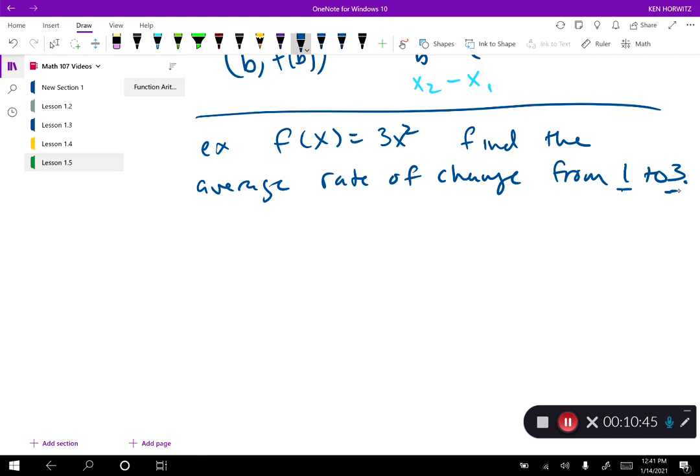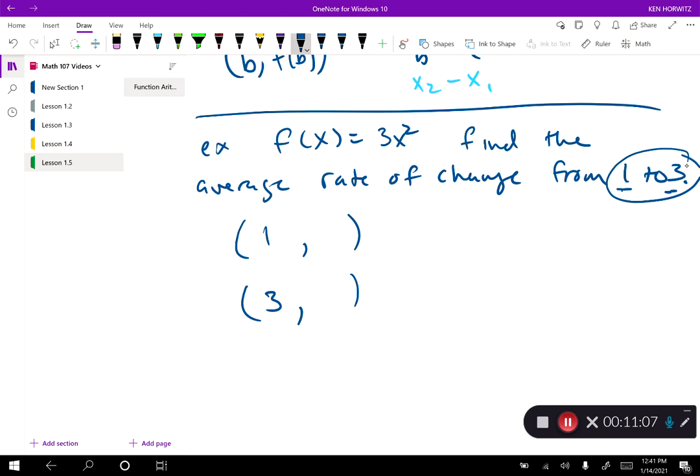Now the first thing we need to figure out is that this 1 and 3 in the problem are both x values. The minute we see average rate of change, we need to find slope, which means we need 2 points. Well, 1 and 3 are the x values of the 2 points we need. Now we need the y values.